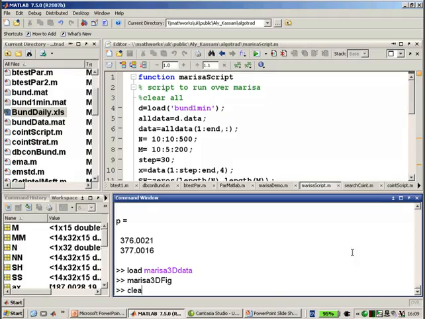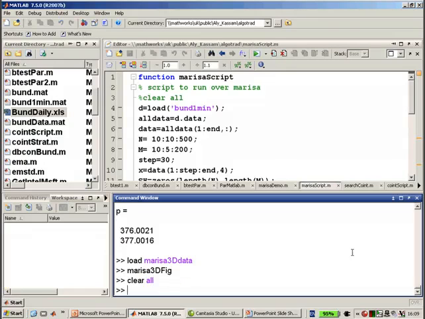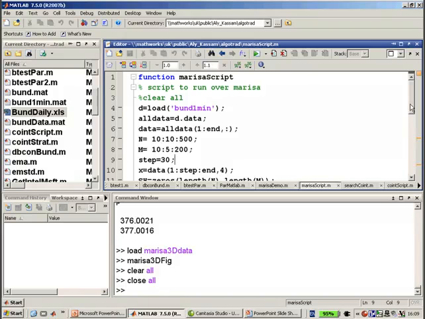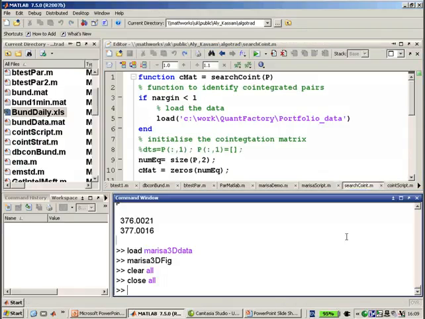Let me clear my workspace once more. Close all of my figures. So, I have some stocks that I've downloaded using the data feed toolbox from the Yahoo site, and I will load them up into my data here.